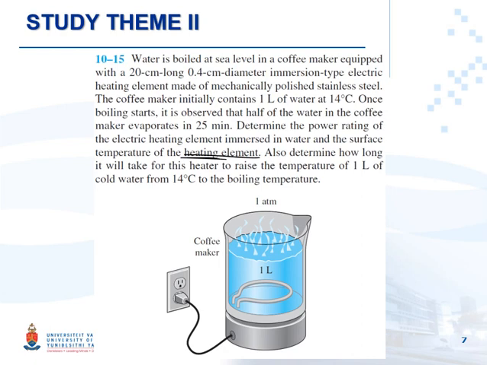But what you do is, first you make an assumption. You say, okay, I'm assuming that the boiling regime is nucleate. You solve everything, you find the temperature of the heating element or the temperature of the surface.